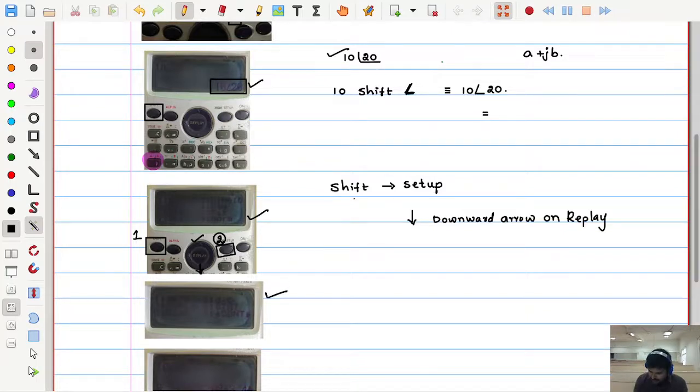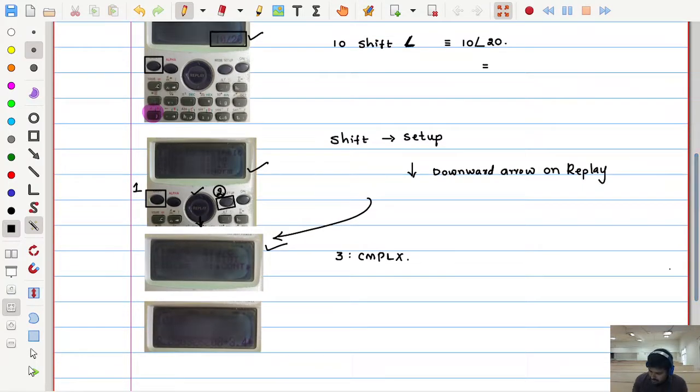Once you press shift setup, then the downward arrow, you get this display, in which the important thing is 3, CMPLX, which means complex. Now choose 3, just press 3.